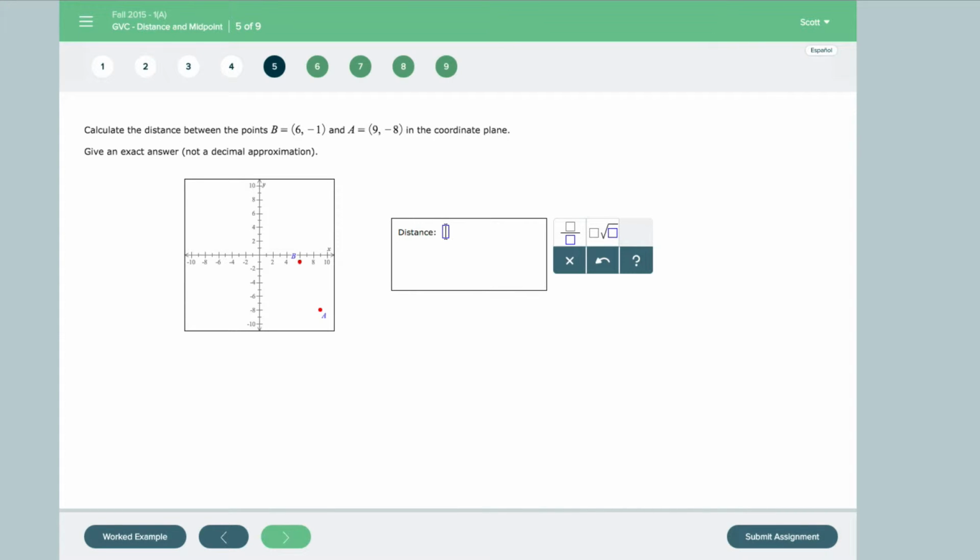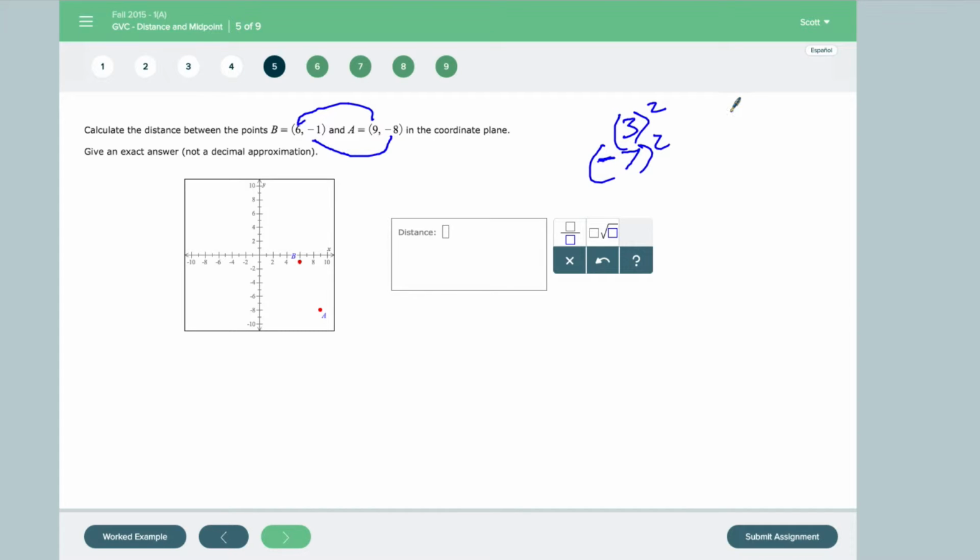Again, distance formula. So x minus x, 9 minus 6 is 3. Y minus y, 8 minus a negative 1 is negative 7. And I'm just going to put 7 because it's distance, but it doesn't matter if you put the 7, that's okay, because you're just going to square it anyway, and that'll give you a positive number.